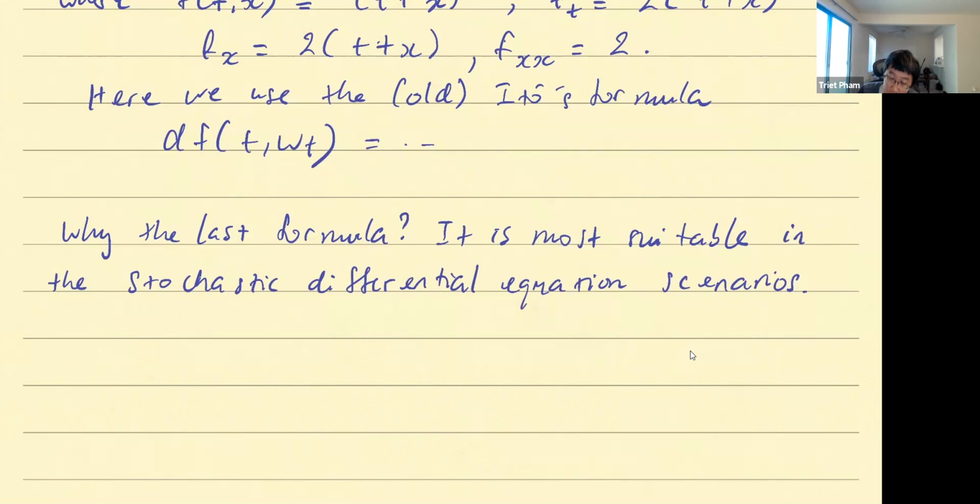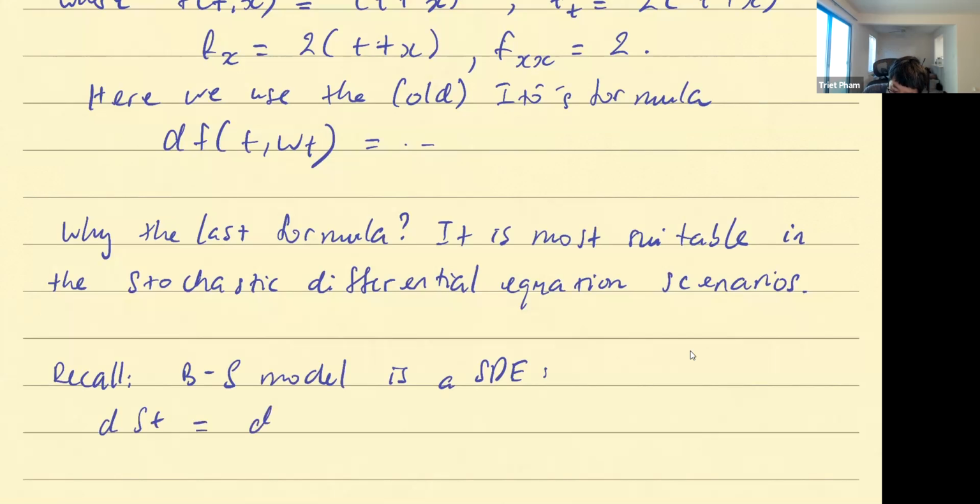For example, what do we mean by this? Remember, the Black-Scholes model is a stochastic differential equation, because the stock price differential is like this.